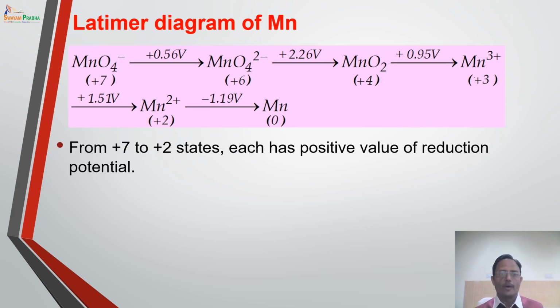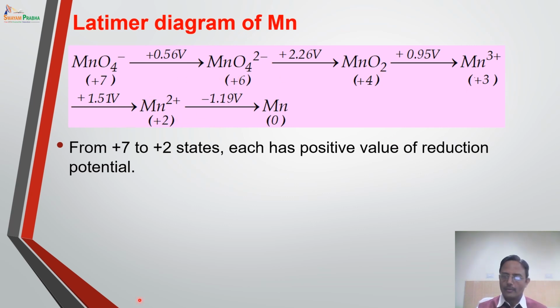So what we can observe, if you see from +7 to +2 oxidation state, all the reduction potentials have positive values: 0.56 positive, plus 2.26 positive. This value is again positive. This value is again positive. It indicates that the reduction is feasible up to Mn2+.